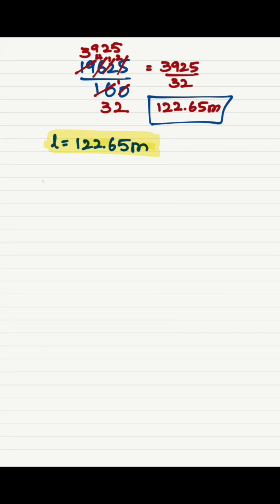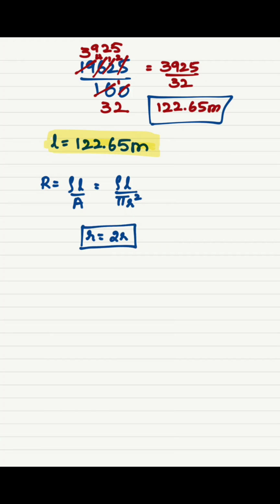Second part of the question, what will be the value of resistance if the diameter is doubled? So we know the formula for resistance, R is equal to rho L by A, or I can also write it as rho L by pi r square. Now what happens if the diameter is doubled? I'll take r as 2r, because if the diameter is doubled, the radius also will be doubled, right?